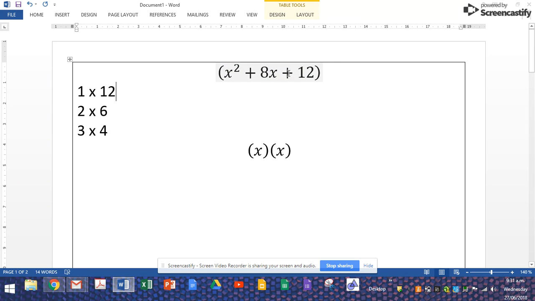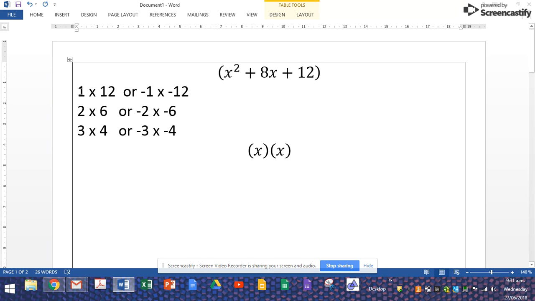Now, there's two possibilities: either both positives like this, or you can have them both negative as well. So I'm just going to copy it. Of course, change them to negative. So that's 2, 6, and this is 3, 4.